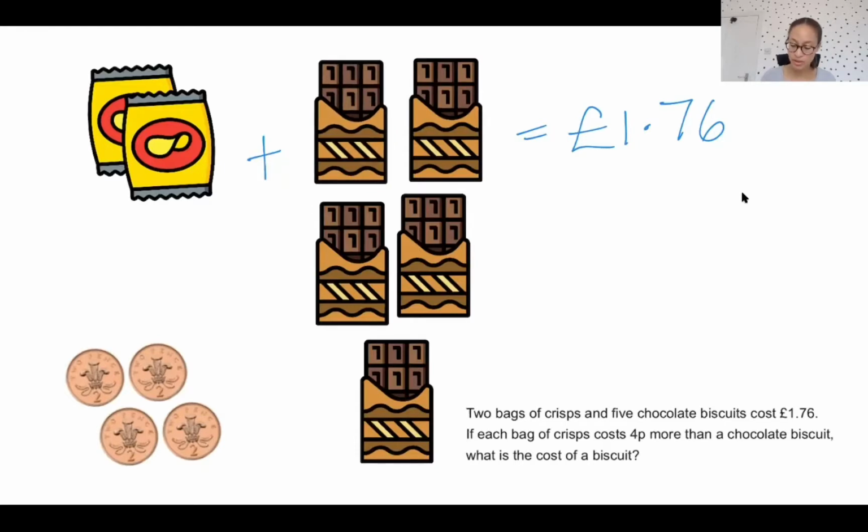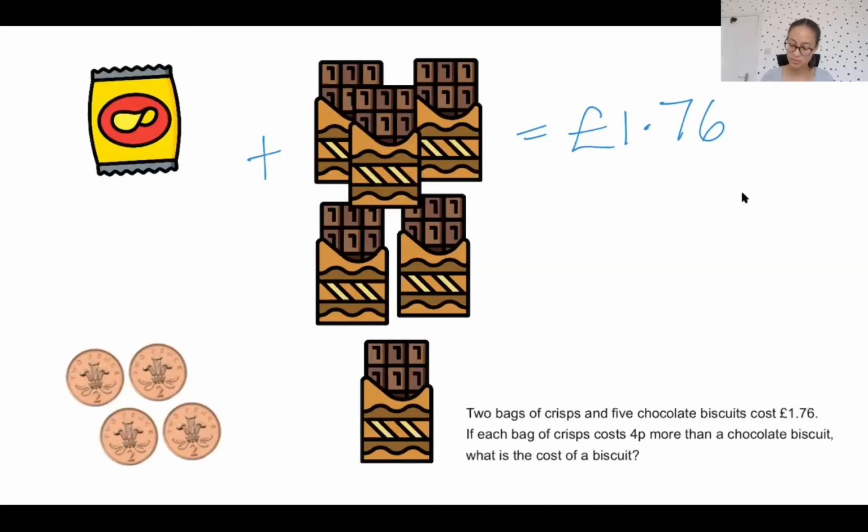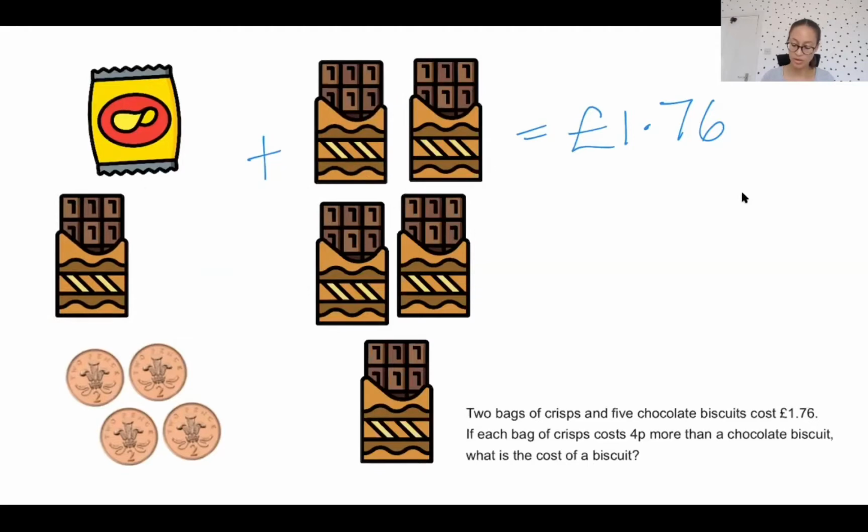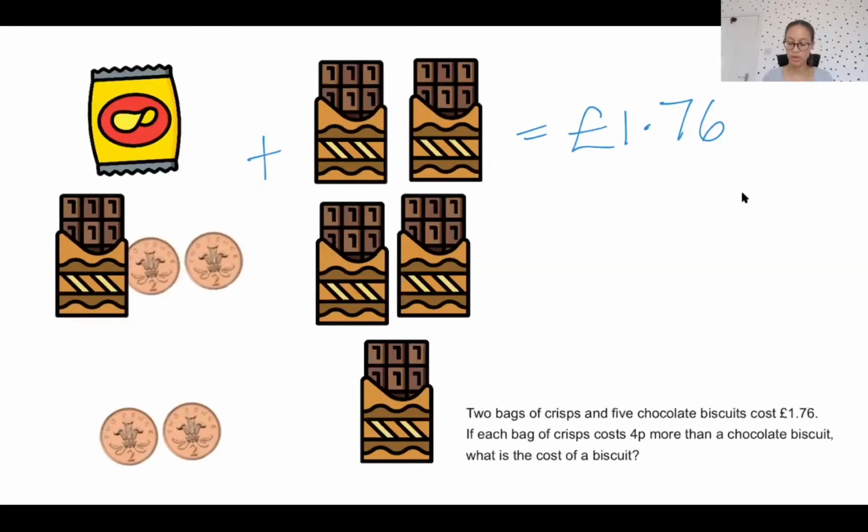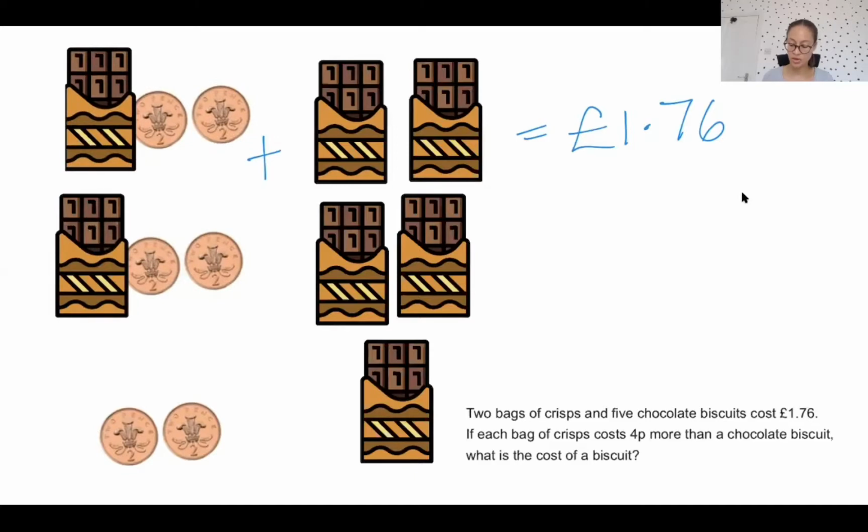So let's see how easy I can do this. Instead of that bag of crisps, I have a chocolate biscuit and 2p. And then instead of this bag of crisps, I have a chocolate biscuit and 2p.